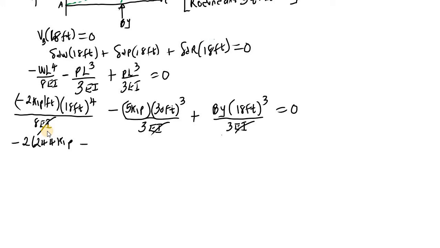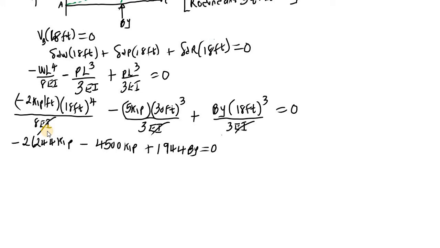Then minus, for the point load, if you use your calculator, you get negative 4500 kip. Then for the redundant load, we get plus 1944 BY, and this equals 0.